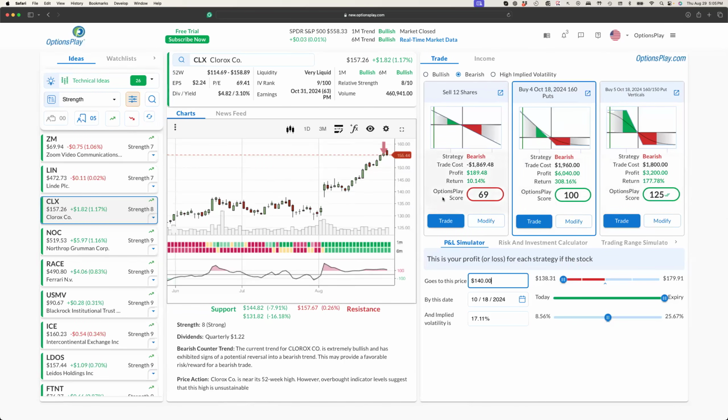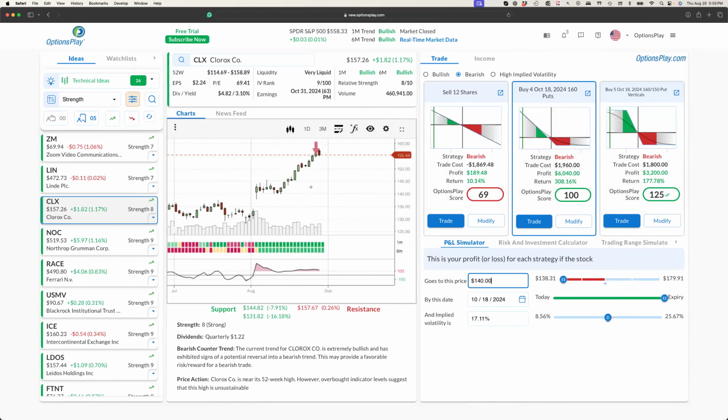300% return on the put, 177% return on the put spread. In this particular example, I'd probably buy the puts. I'm looking at a potential $6,000 return on my roughly $2,000 risk if it gets down to 140. This is a stock that went from 140 to 155 in the span of 2 weeks.